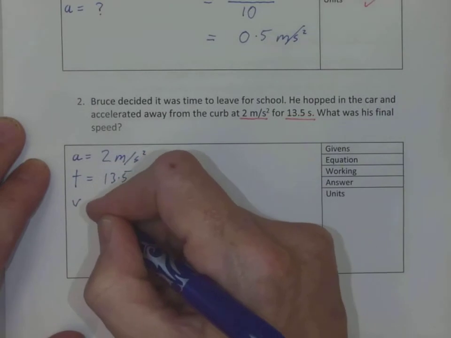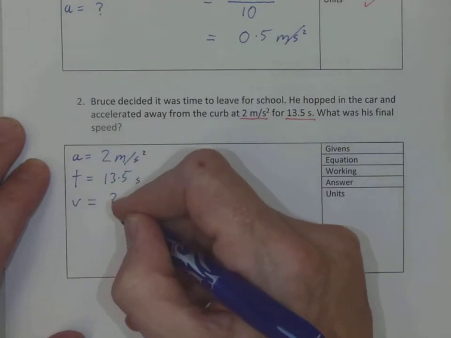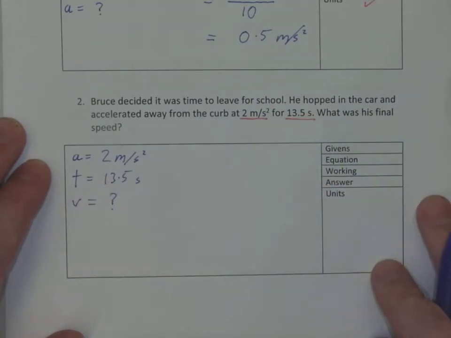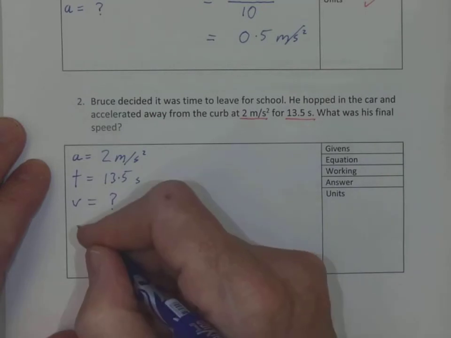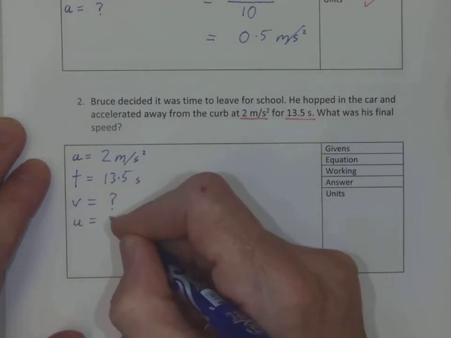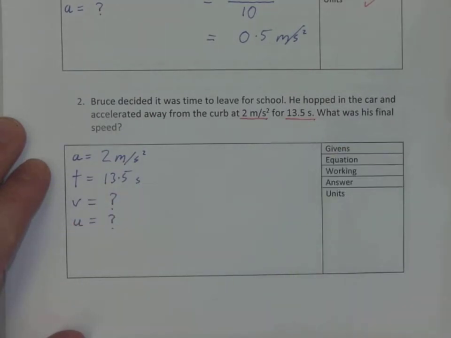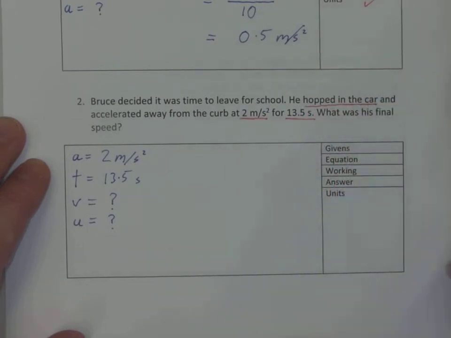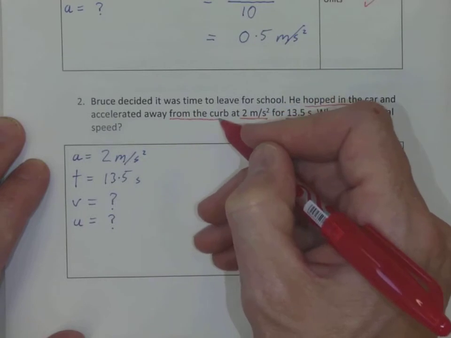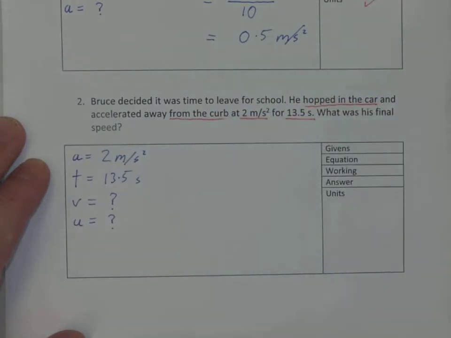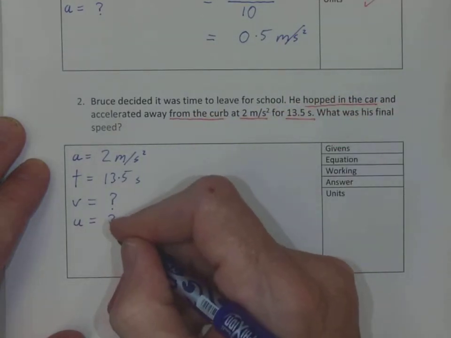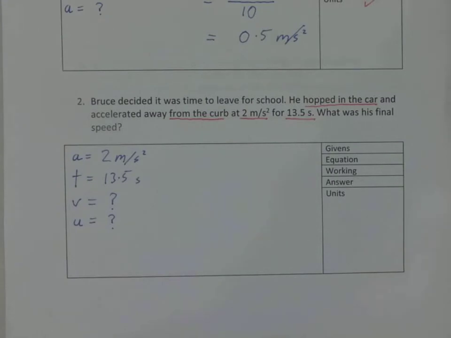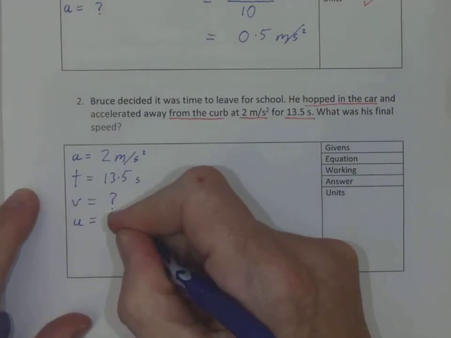The final speed is the thing that I want to know, but I haven't got his initial speed. It doesn't tell me in the question what his initial speed is, or does it? He hopped in the car, accelerated away from the curb. So I think it's fair to say that his initial speed was most likely 0 meters per second.